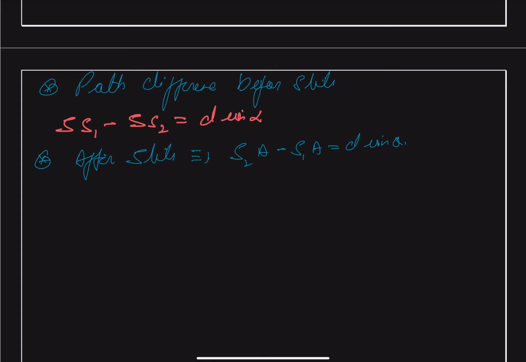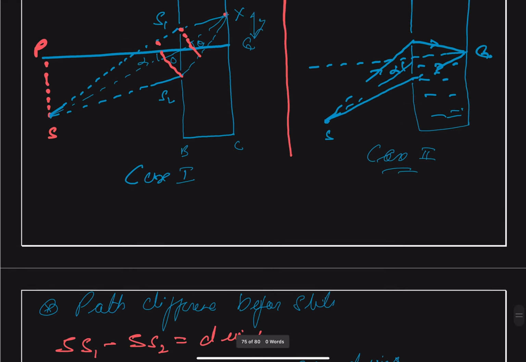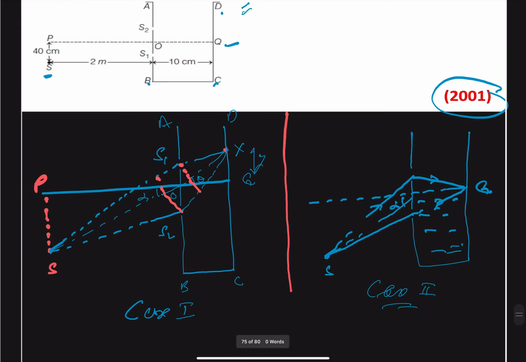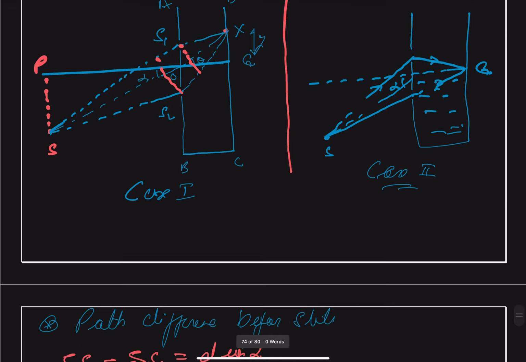And it is said that for small angles, sine of alpha will be approximately equal to tangent of alpha, and sine of theta will be approximately equal to tangent of theta. And we want that this x should be our central maxima. So we can call it x.